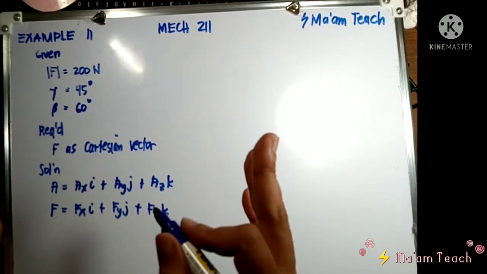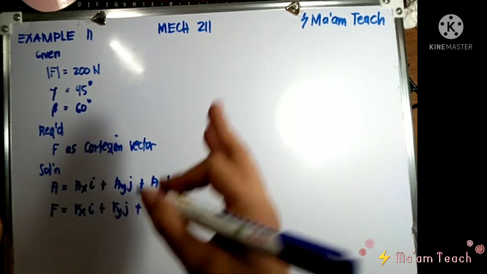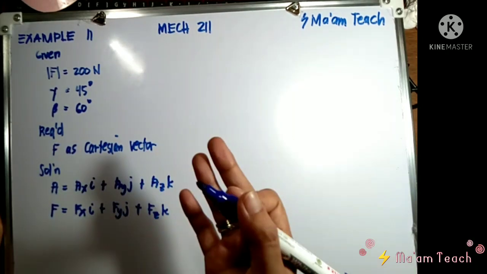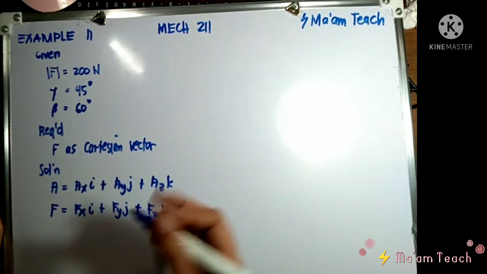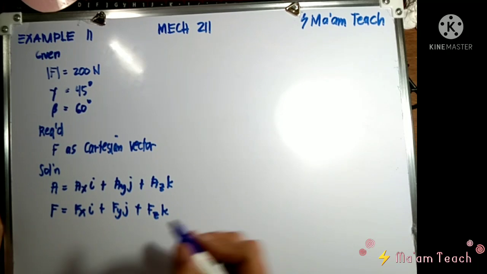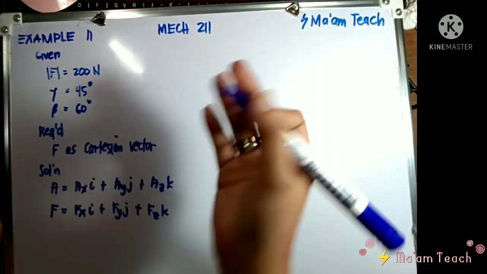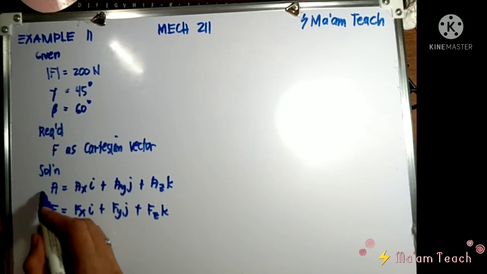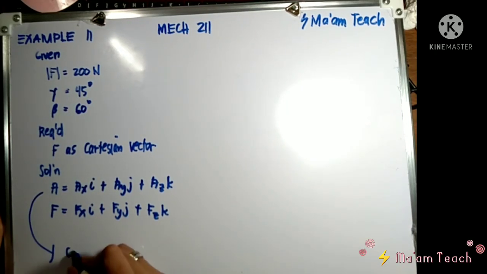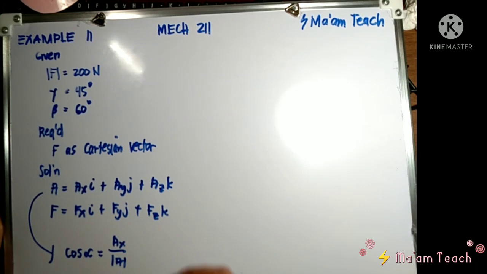Now, if you could recall, class, in our discussion of the Cartesian vector representation, we are able to solve for the x component, y component, and z component just by using the angles. How? From this format, cosine of the angle alpha is equal to the x component over the magnitude of vector A, right?